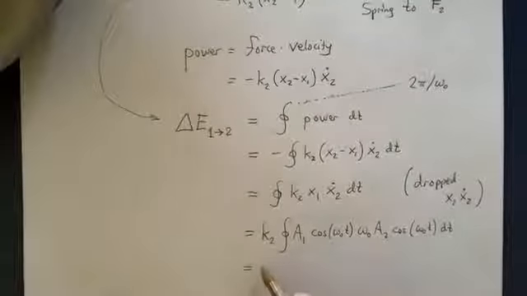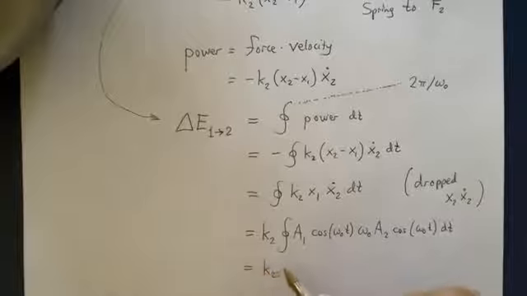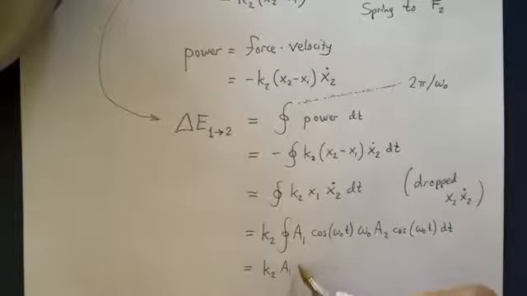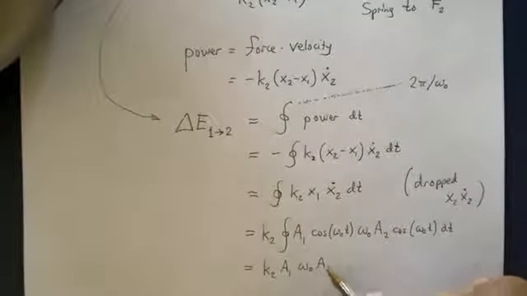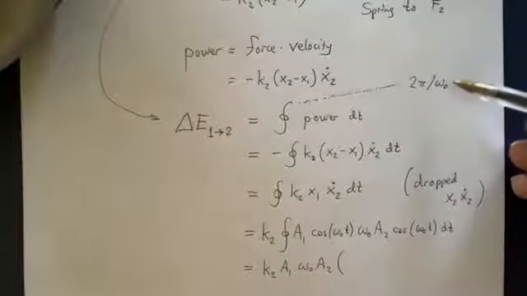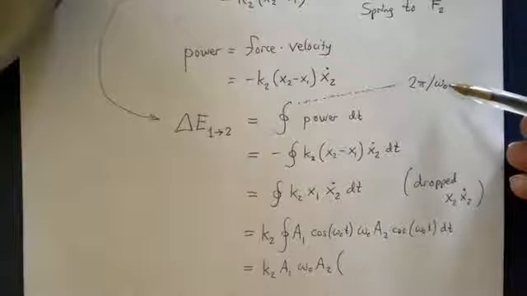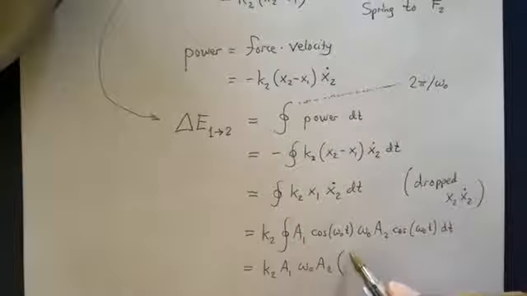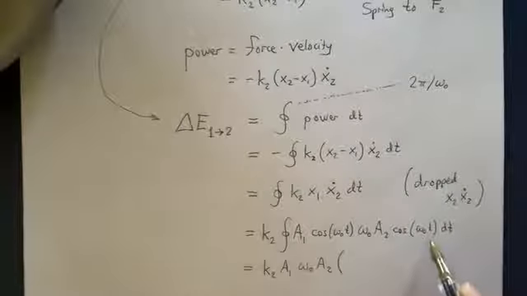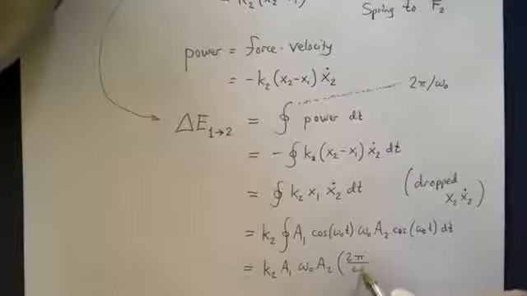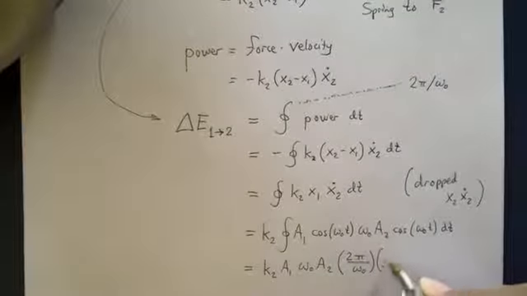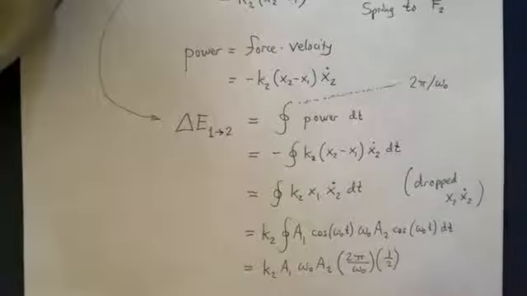Okay, so we're looking at K2, A1, omega naught, A2, and then we remark the 2 pi over omega naught. That's the duration of one period. So if you're averaging, this cosine has an average value of 1/2, you're talking about a 2 pi over omega naught times the 1/2. Right?